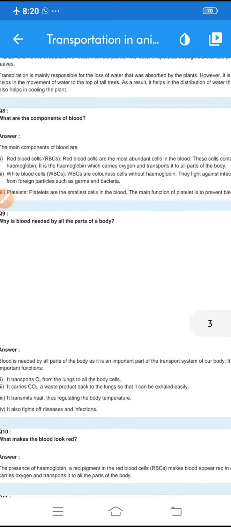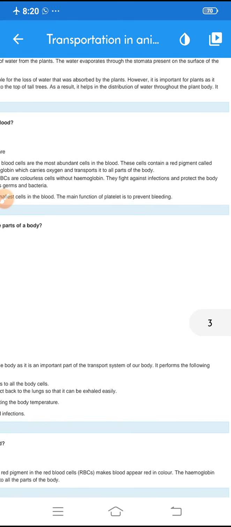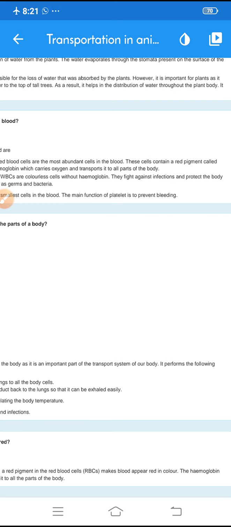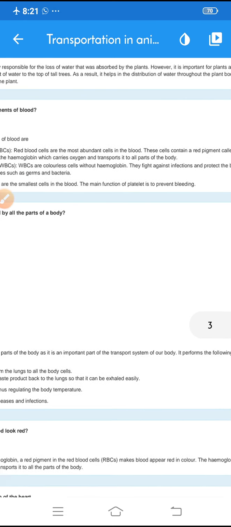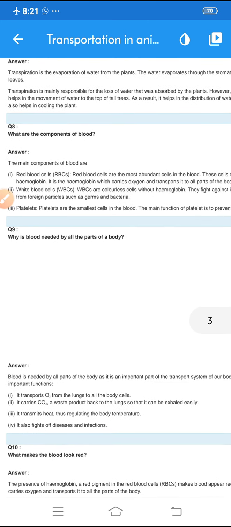As a result, it helps in the distribution of water throughout the plant body, so that every part of the plant can get water. It also helps in cooling the plant. Cooling of the plant takes place due to transpiration.